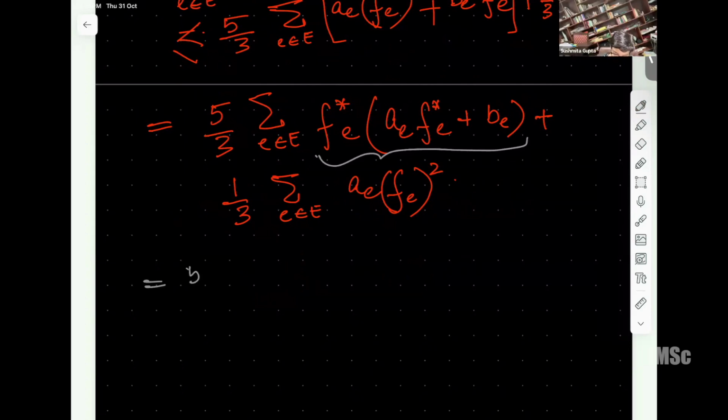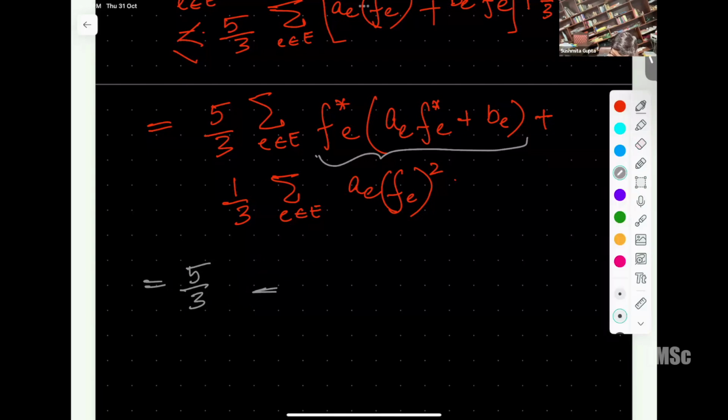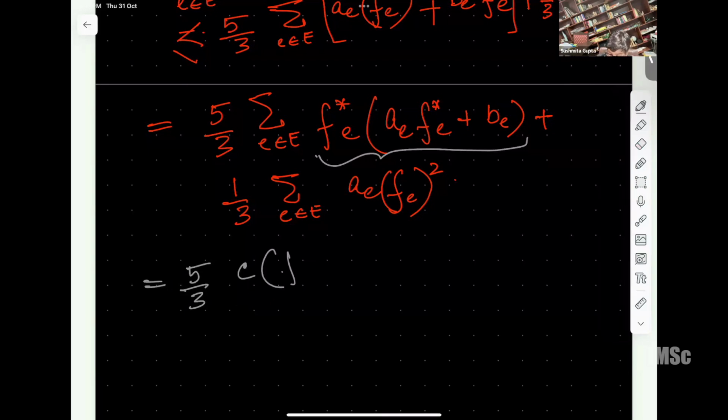So this was the whole point of doing all this. So let's write: I can just replace it with cost of f star. Right? Yeah. 1/3, and what is this? AE FE star? FE squared, rather.